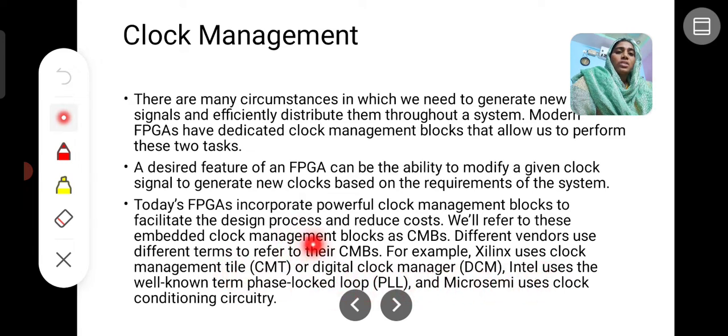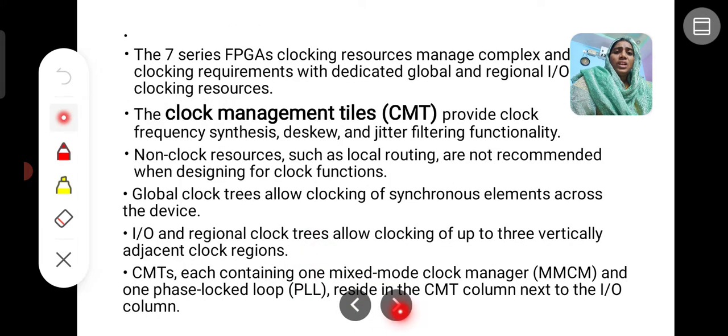In the 7 series FPGAs, we have different blocks to generate clock frequency. The clock management tiles provide clock frequency synthesis and jitter filtering functionality. Non-clock resources such as local routing are not recommended when designing for clock functions.